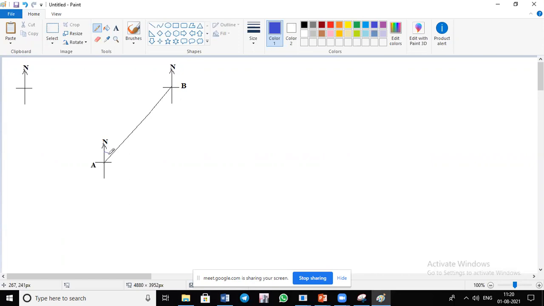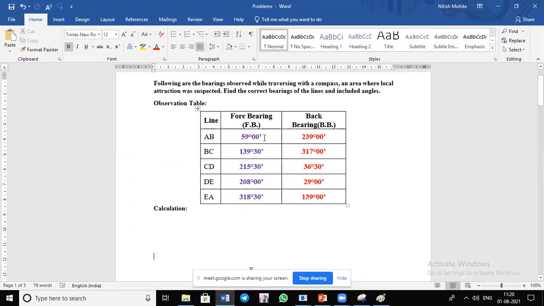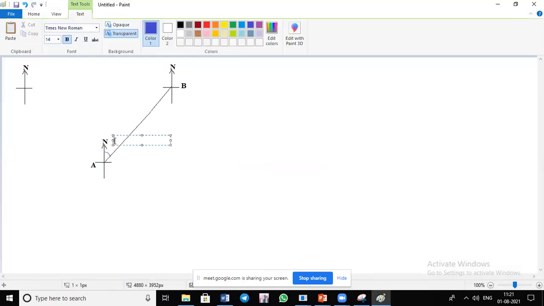So I'll mention the angle here as 59 degree. I'll copy this. So this is the angle.